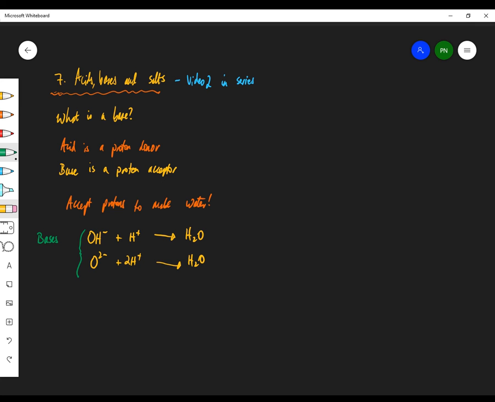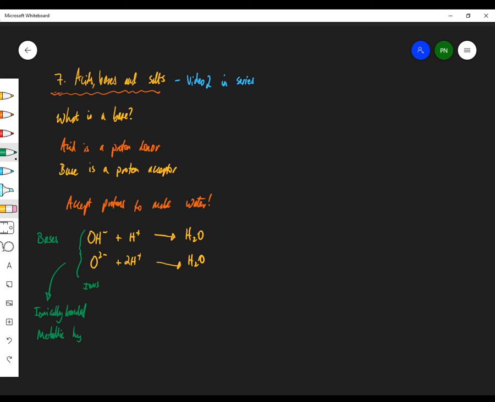Now these are both ions, aren't they? They must be ionically bonded things, and that means they must be metallic.